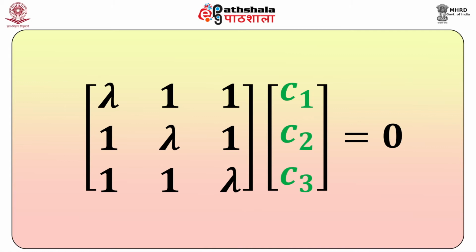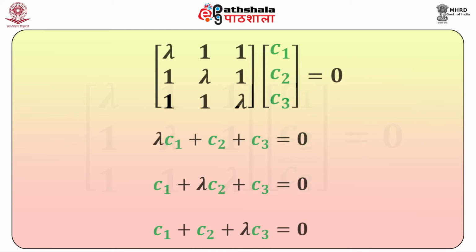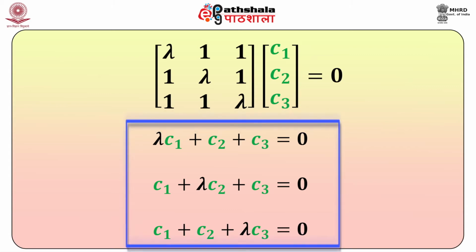These are clear. First is the Huckel determinant, and the next is a column determinant having the coefficients C1, C2 and C3.